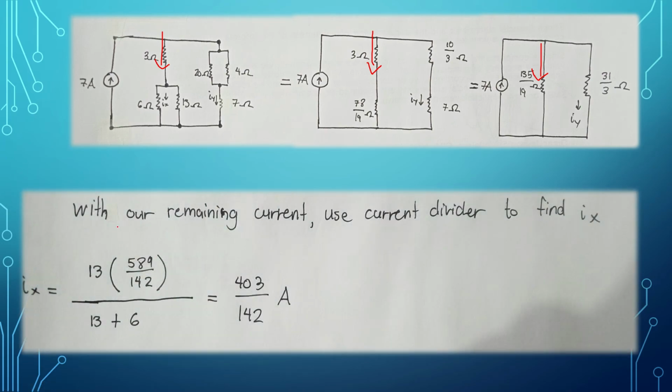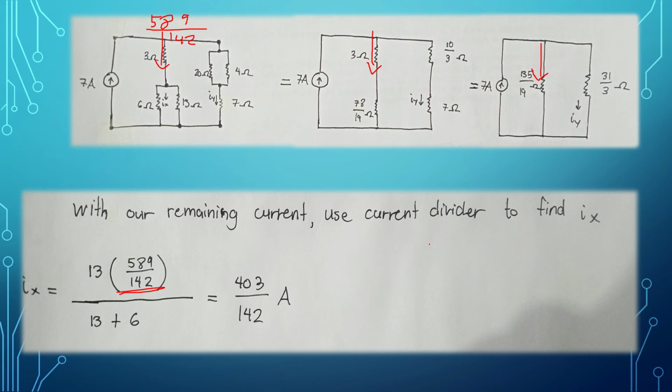With our remaining current, use the current divider to find Ix. So we know that this is the current that is going through here, 589 over 142. So that is our current going through here.